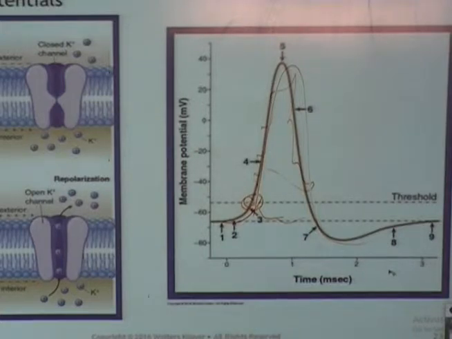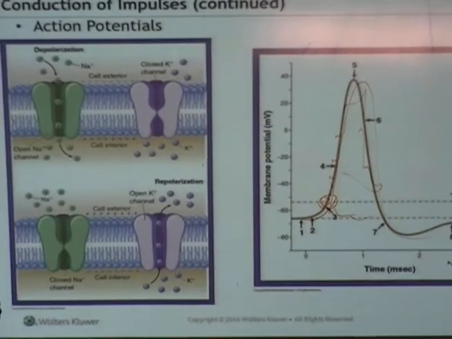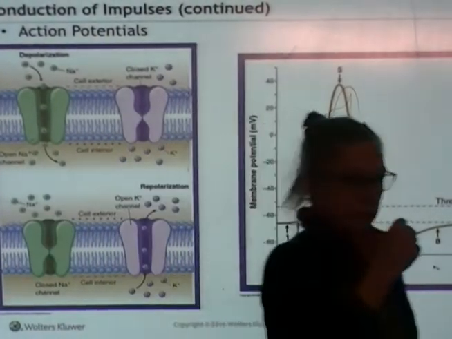So one of the interesting things about these pumps, these channels, is that they use almost 50% of the ATP that we create when we're trying to see muscle contraction.